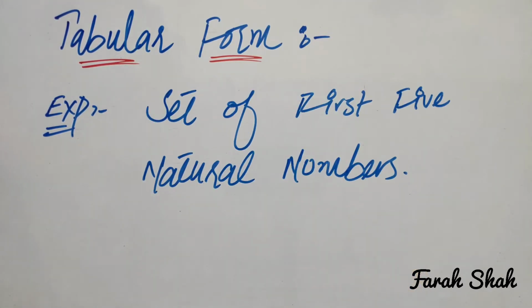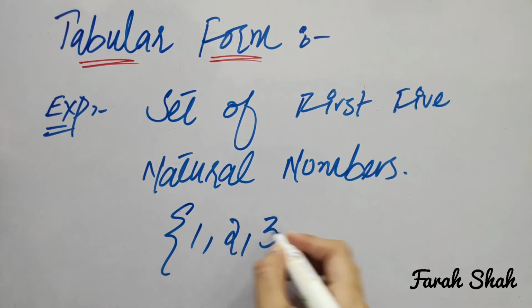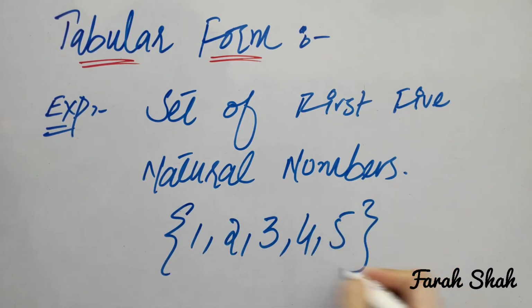And similarly, the set of first 5 natural numbers is written as since the first 5 natural numbers are 1, 2, 3, 4 and 5, so we write these elements within braces and each element is separated by a comma.